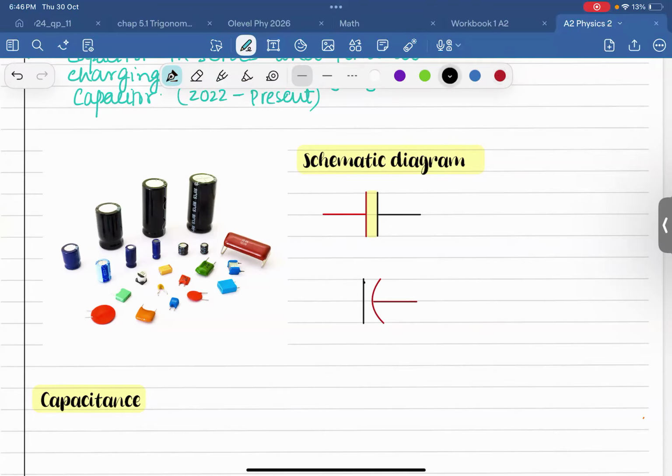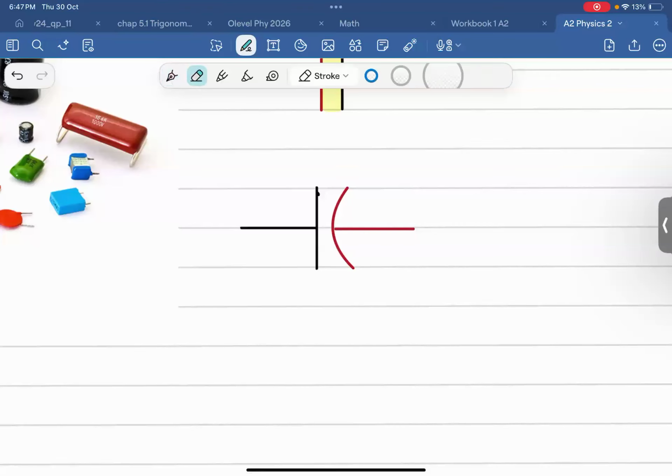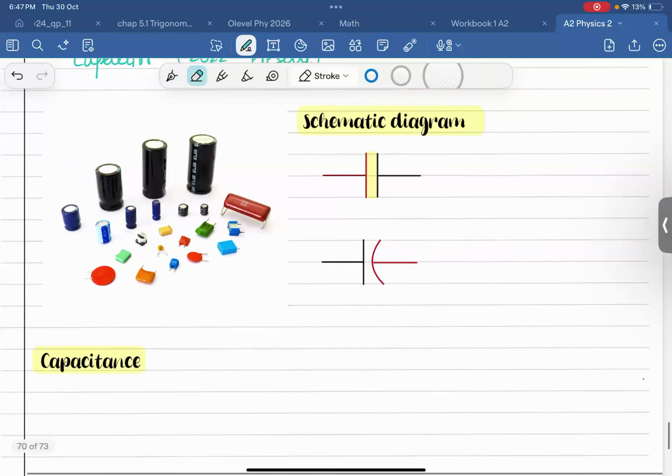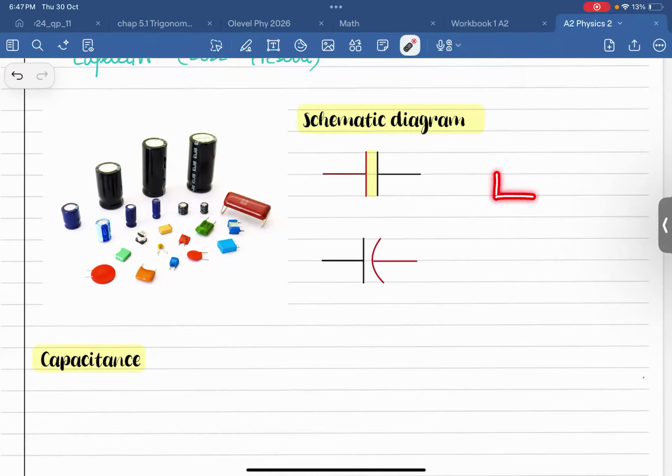Both are the capacitor. This is how you can draw it in the circuit. Previously you had the resistor, which you used to draw like that; similarly for the capacitor you have to draw it like this. Mainly capacitors are referred to with this symbol, but in our syllabus, we are going to use the first one.